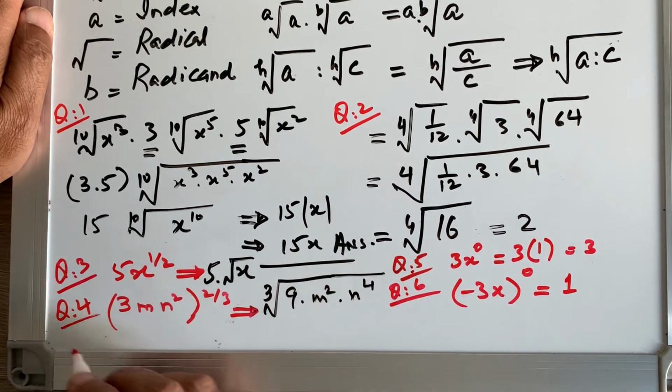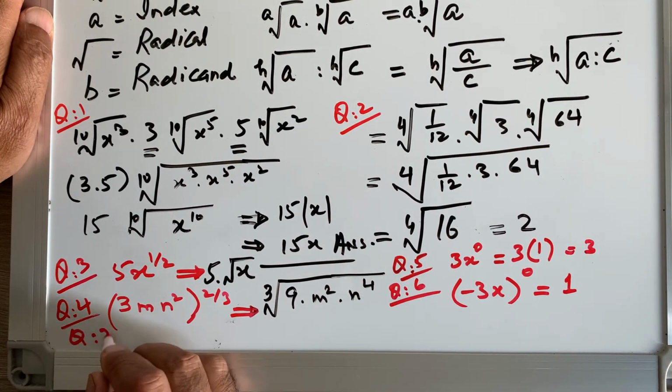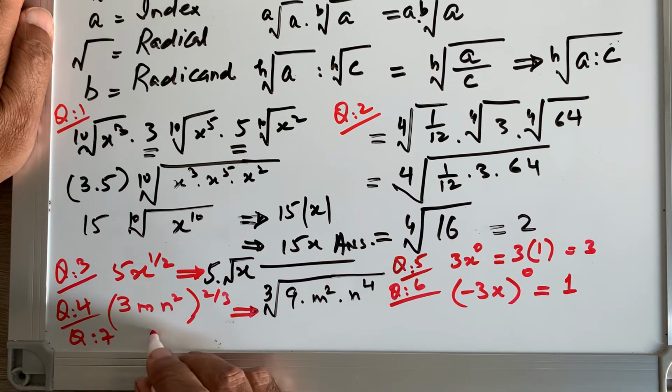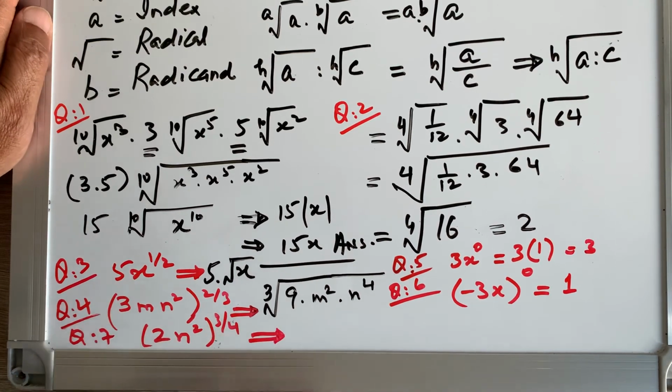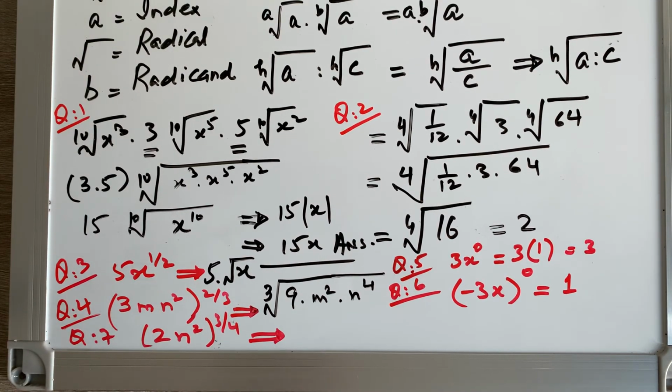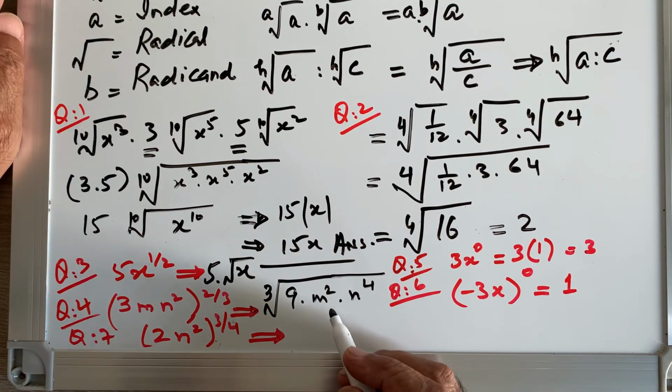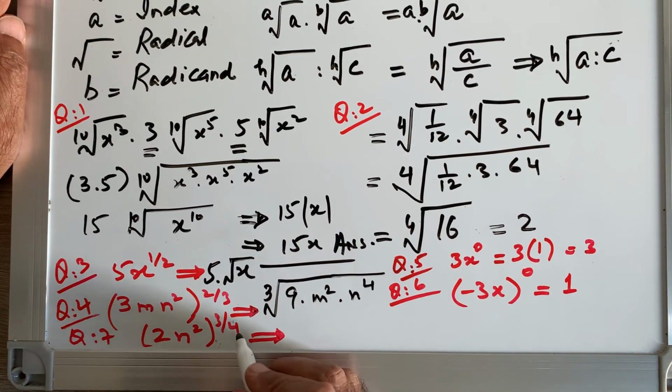So take another example, maybe question number 7: 2n square raised to the power 3 by 4. What does it mean? As I said for the previous question, where the power was 2 by 3, here the index is 4.